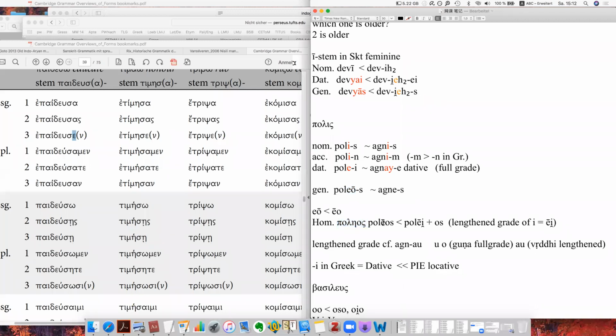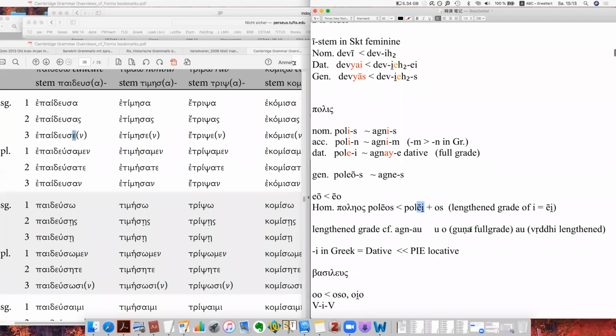The long a is here, and short o is after this. And this short os is the genitive ending. And this lengthened a grade can be compared with the Sanskrit aknau, because aknau is the lengthened grade, right?